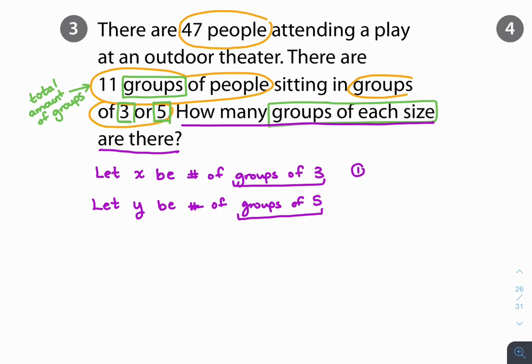So if x is the number of groups of 3 and y is the number of groups of 5, and there are 11 total groups, I can write that x plus y equals 11, because that says that the number of groups here and the number of groups here should equal 11 total groups.